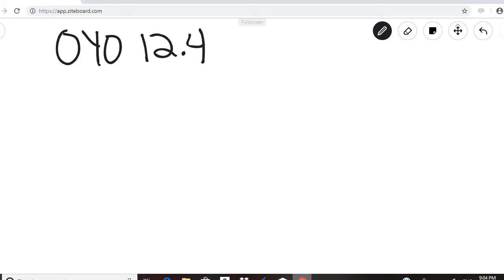And for this one, let's remember that n is equal to c divided by v. So this problem says the index of refraction of water is 1.3. What is the speed of light in water?